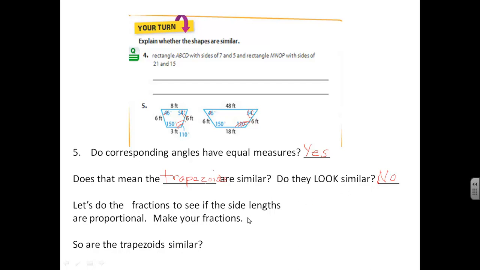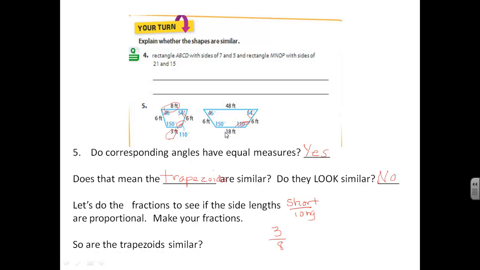So let's do the fractions to see if the side lengths are proportional. So make your fractions. Remember, even though we've got 4 numbers here, we're still doing short over long. So we've got 3 over 8 for this one, 3 over 8.